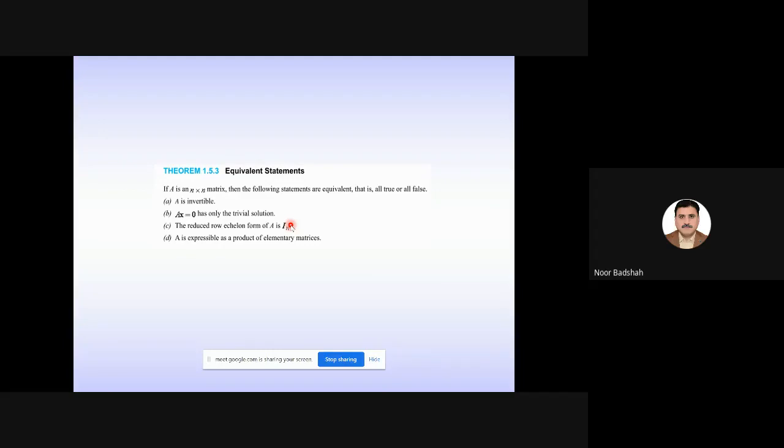The reduced echelon form of A should be the identity matrix, and A is expressible as a product of elementary matrices. So all of them are what? These statements are equivalent. If A is invertible, if A inverse exists, in that case, the system has only trivial solution. It has no non-trivial solution because we'll be getting only unique solution.